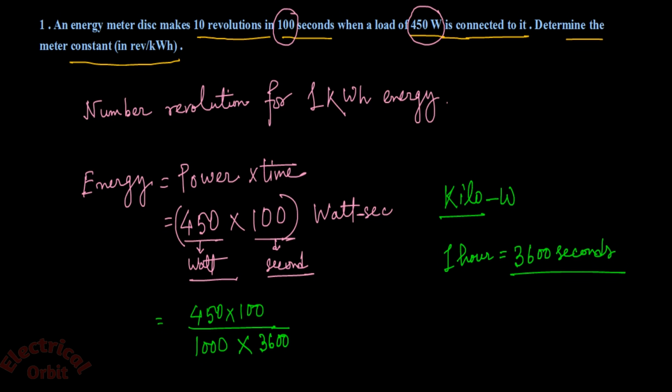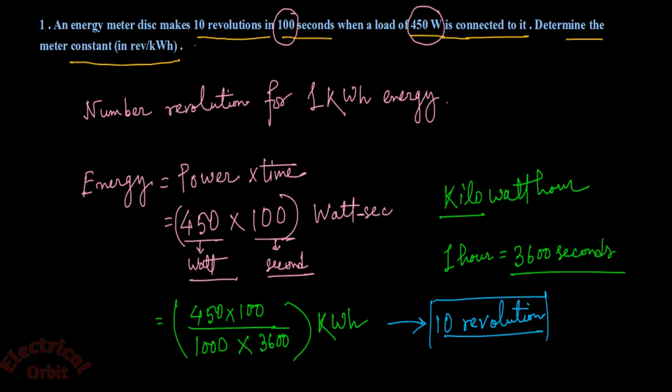So it is converting it into kilowatt hour. Now this unit is kilowatt hour. So this much kilowatt hour requires 10 revolutions according to the question.